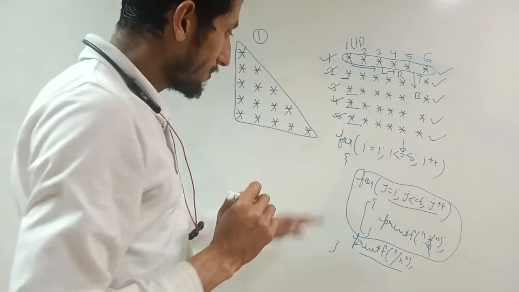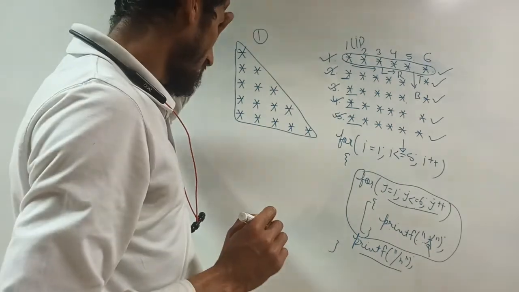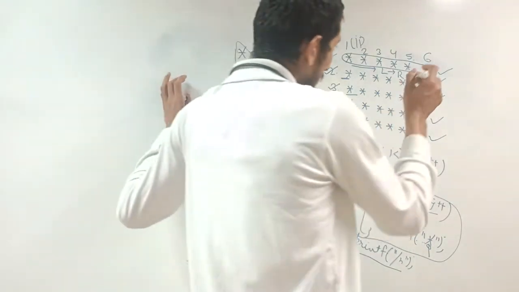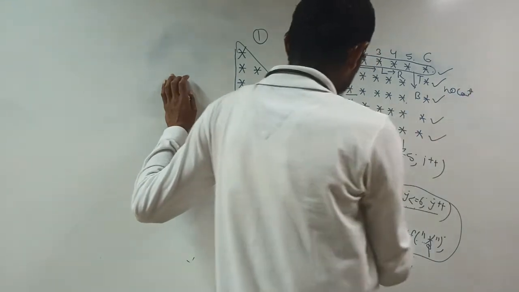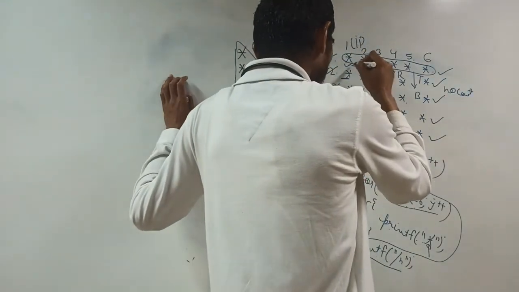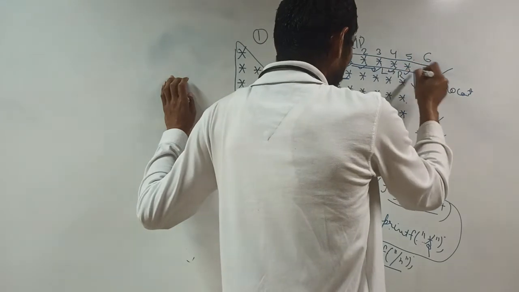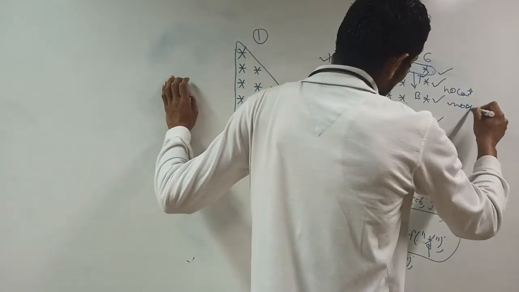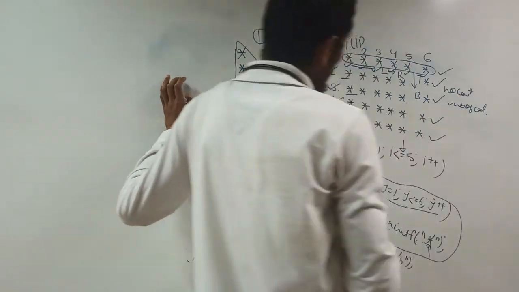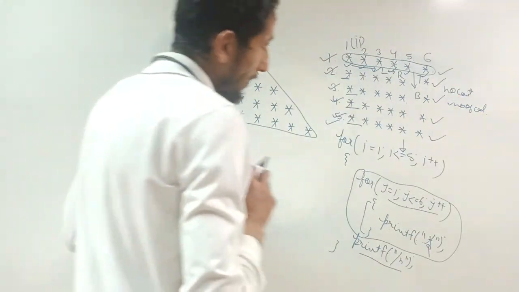Okay, so what is the similarity in this one? The similarity is the number of rows is constant, that is 5, and in every row the number of stars is constant, that is the number of columns, that is 6.